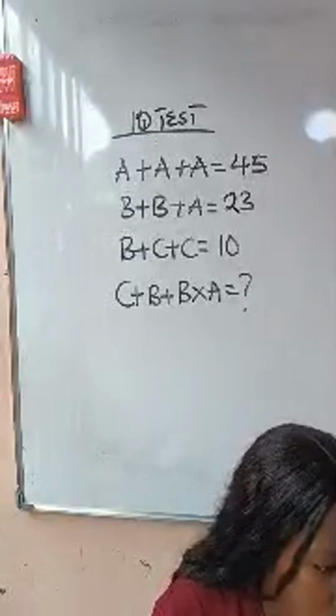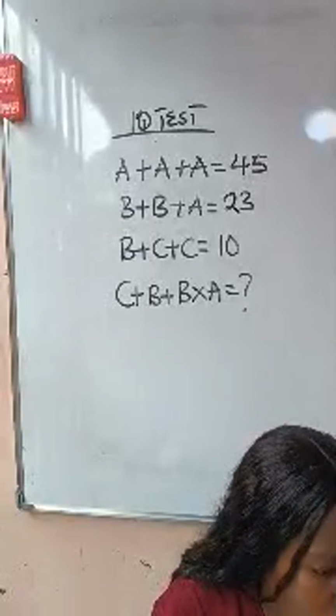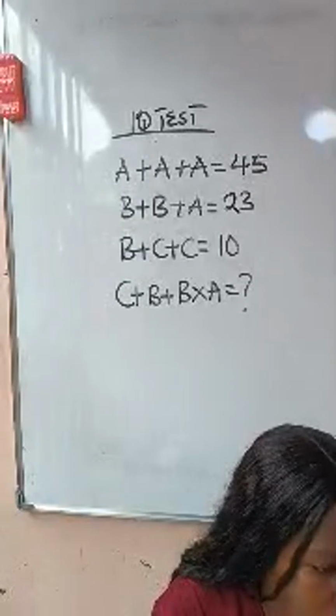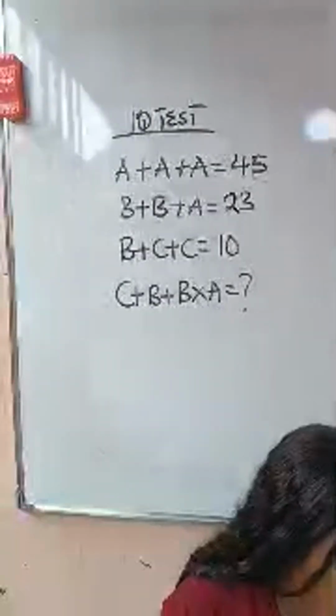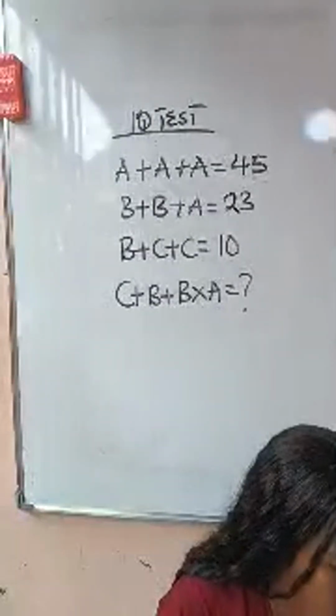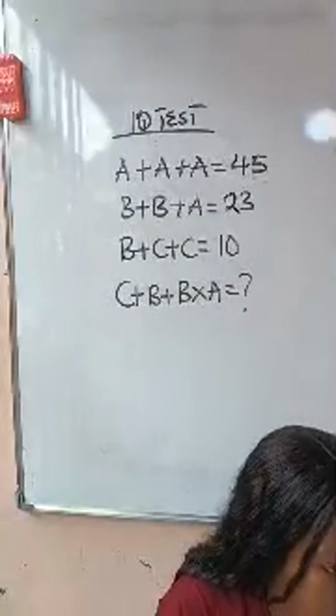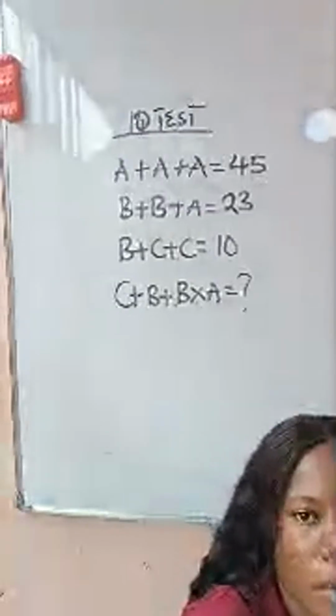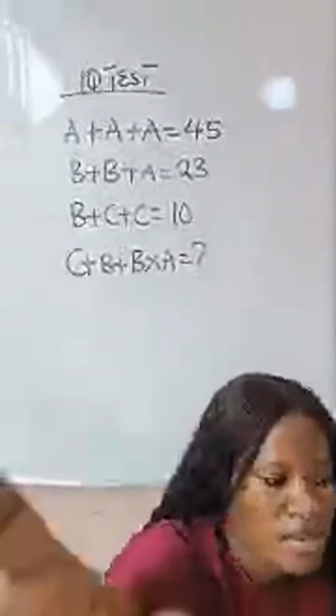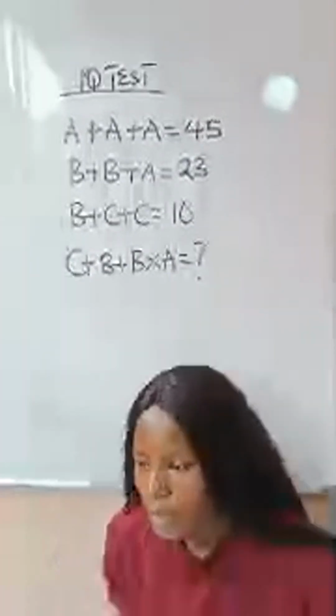PK says the answer is 52. Okay, Sanjay says A is 15, B is 4, C is 3. Someone says 64. Someone said the answer is 50. It's 54.